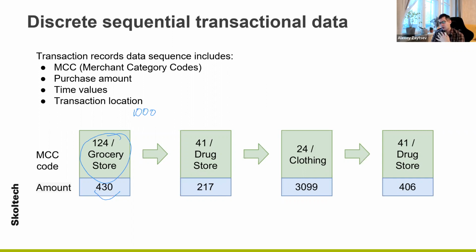So how much money a customer spent during this particular transaction. And so we observe a sequence of these transactions. So a customer started from a grocery store, then he or she went to a drugstore, then to a clothing store, and again to a drugstore. And he was too impressed about his spending here at the clothing store. So this was the structure of our data.